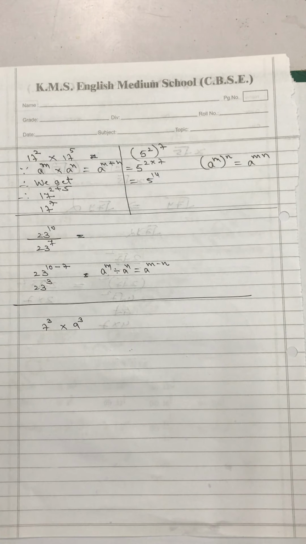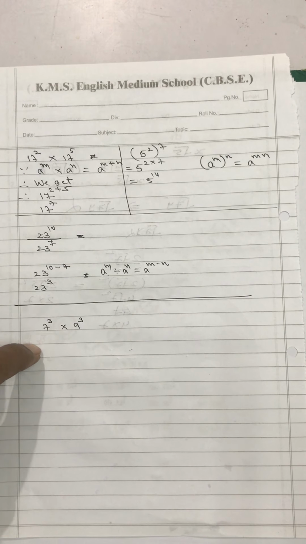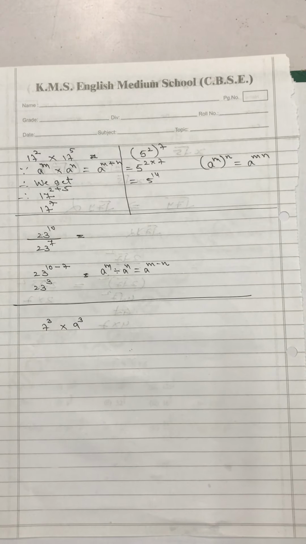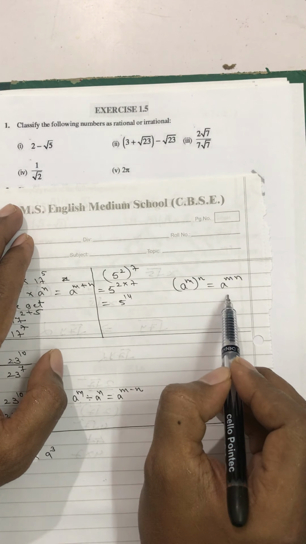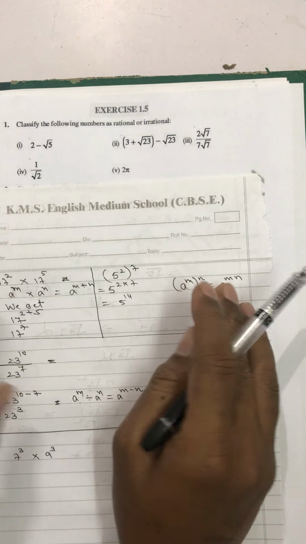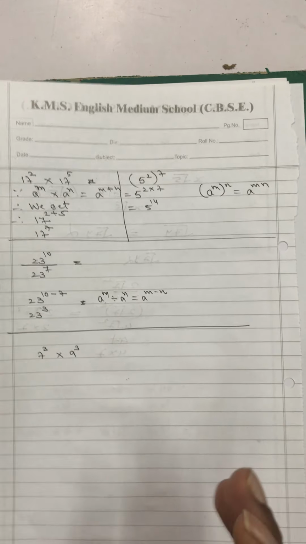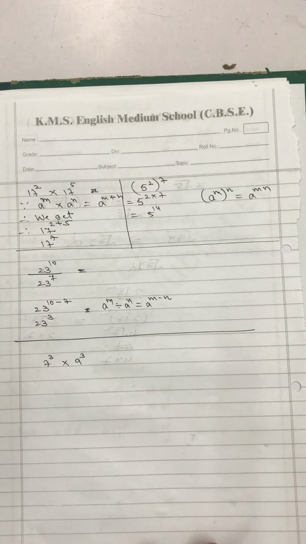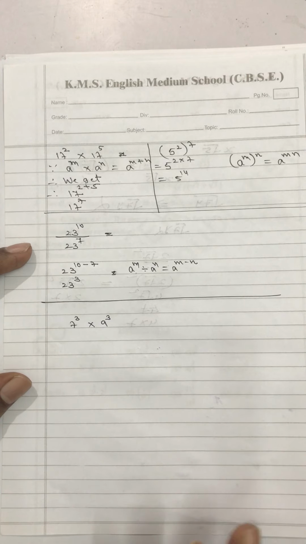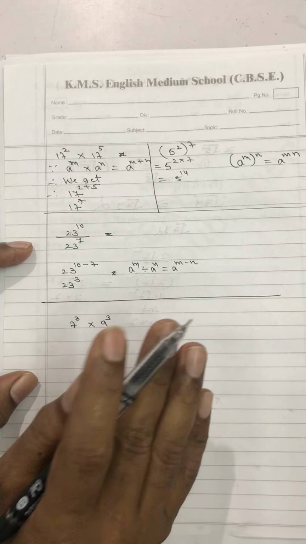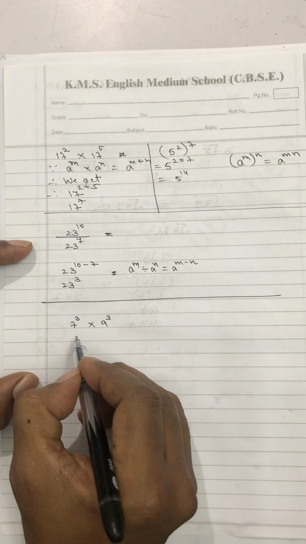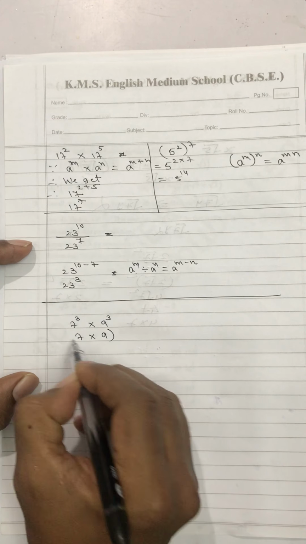Equal bases multiplying each other, you can't apply over here. But you can do one thing. Instead of opening the bracket, you can form the bracket. Take common power. See here, 3 is the power for both 7 and 9. So it is a common power, so I can take that common power outside the bracket.